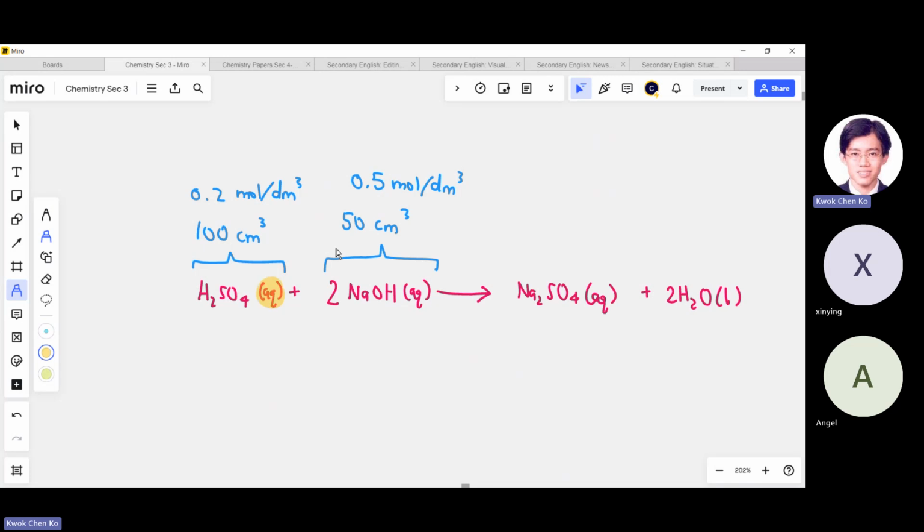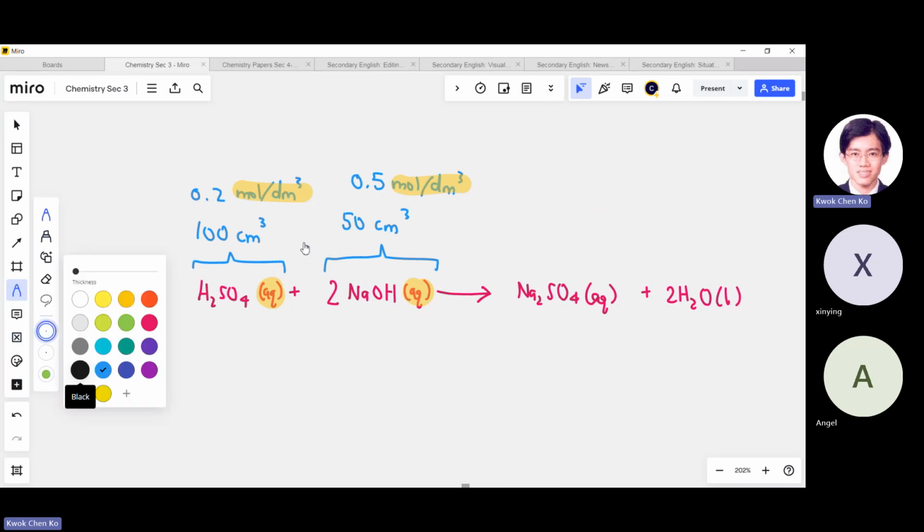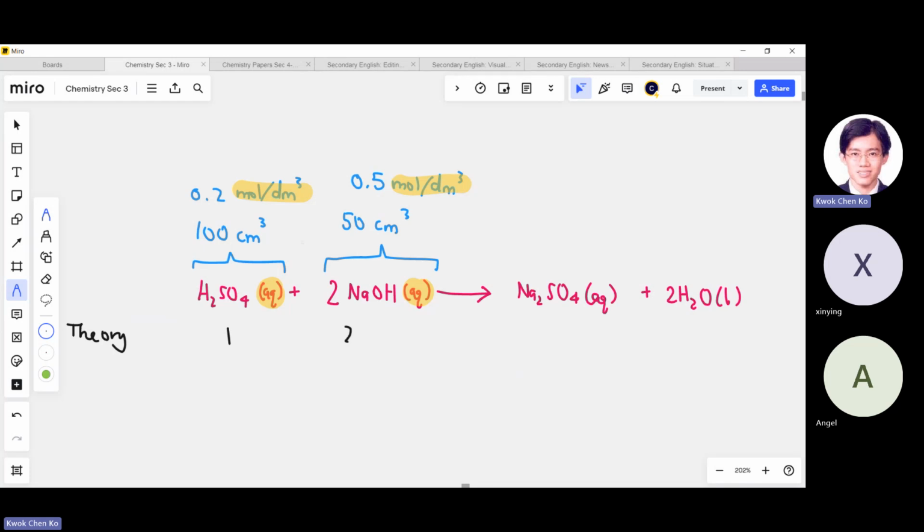Reminder, aqueous, therefore they can have concentration. Come, work out who is limiting. What should you do first? Well, of course, you can always write the theoretical ratio if you want to. So as always, I write out the theory. 1:2, giving you 1:2.